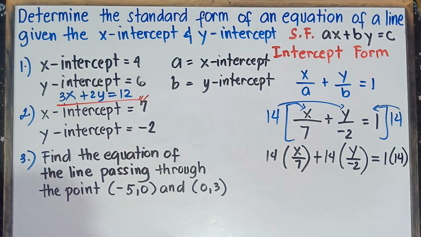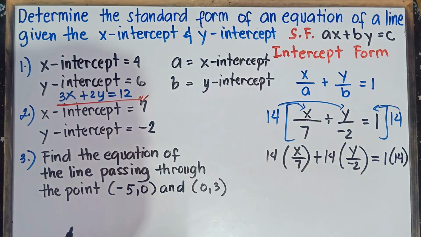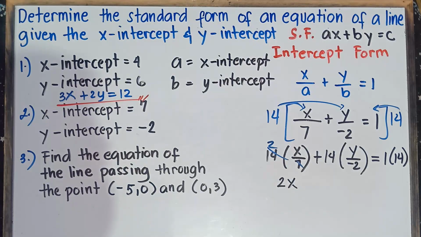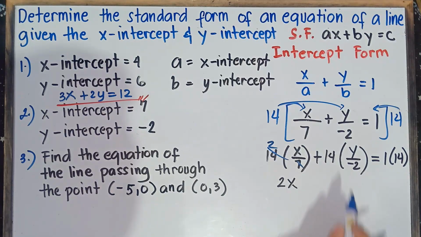Alright, let's do it step by step. So 14 divided by 7, what's the answer, class? That's correct, that would be positive 2. And then 2 times x, that would be 2x. Alright, and then 14 divided by negative 2, what's the answer, class? That's correct, that would be negative 7, right?